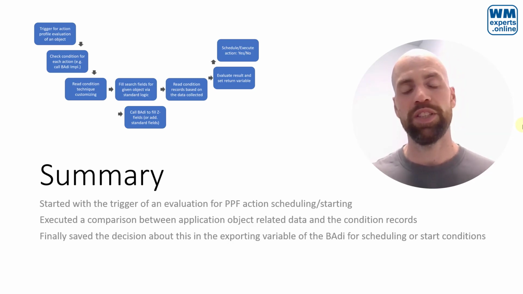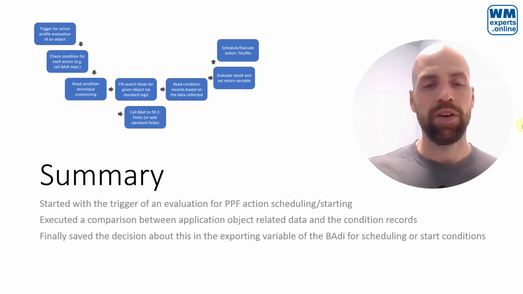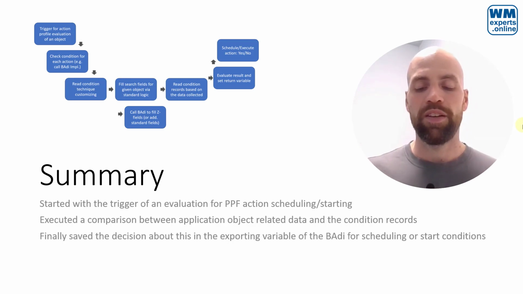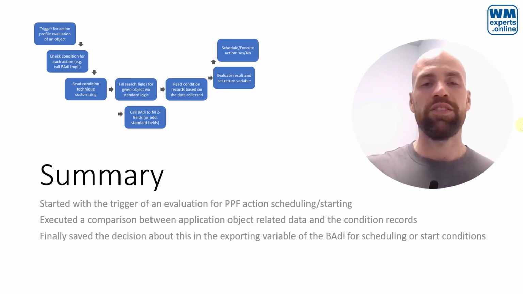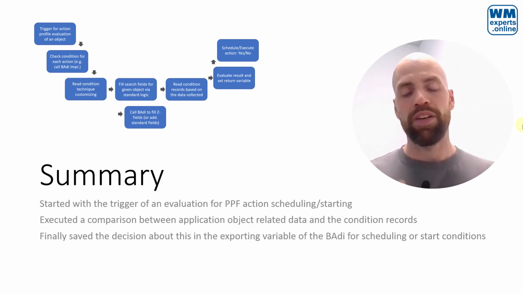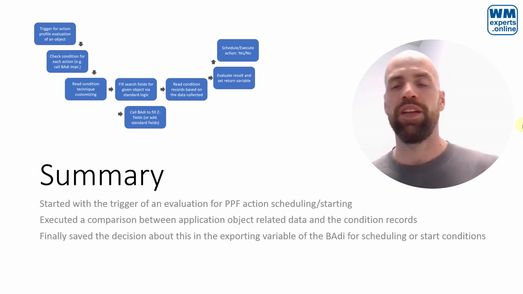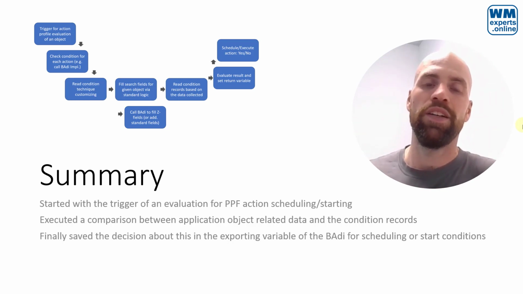Then there would be one condition record with delivery type ABC. We would go through the whole flow that I showed you. The function module would at the end return the condition record in the LT result table, and based on the evaluation of this table we would set the return variable of the evaluate method and the body to 0.